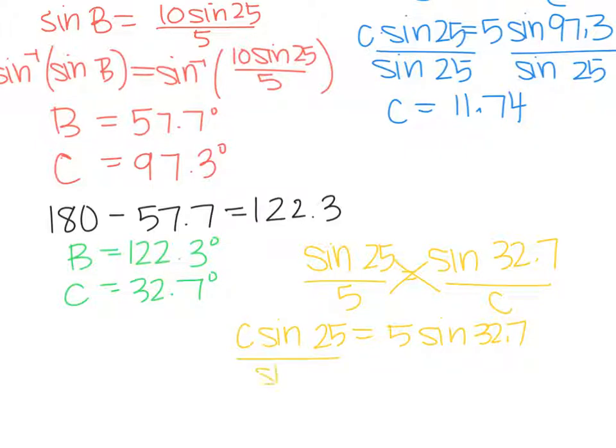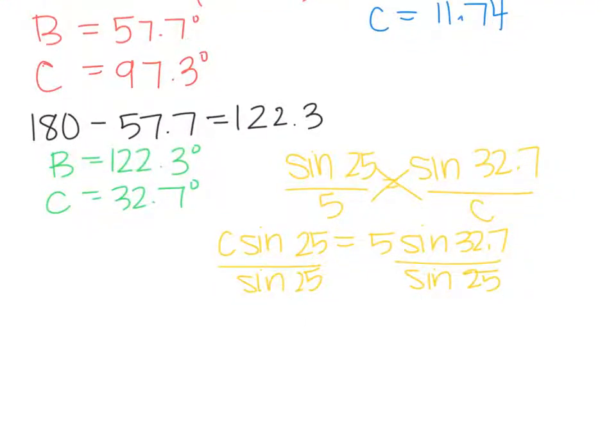Then we're going to divide by the sine of 25. And our second possible solution for C is 6.3.